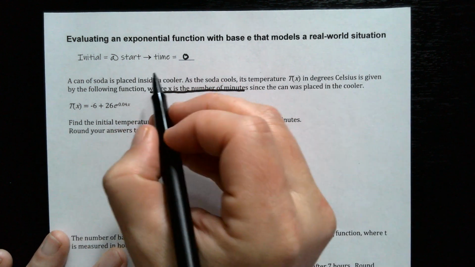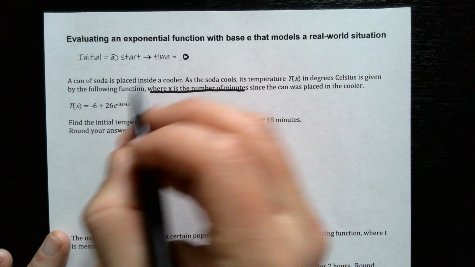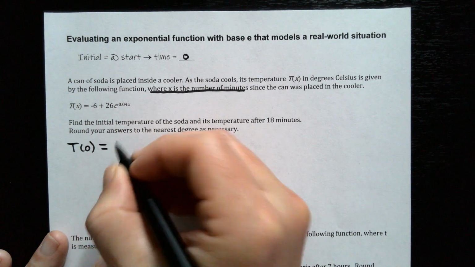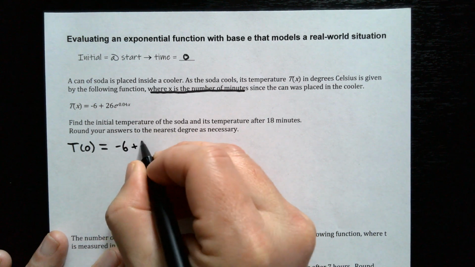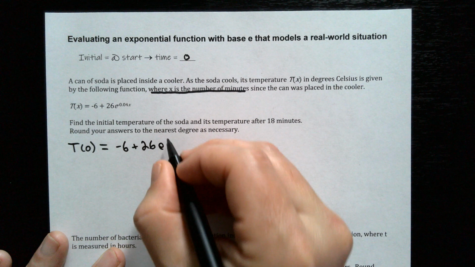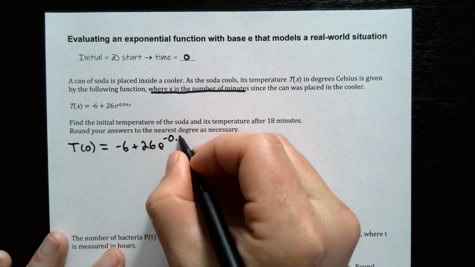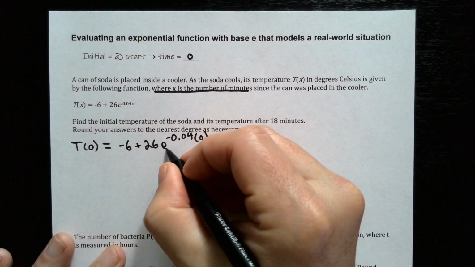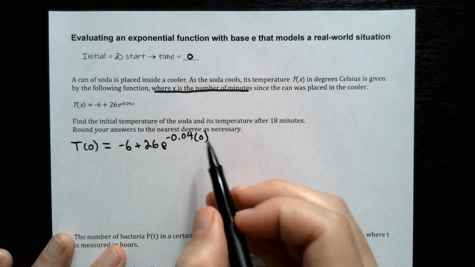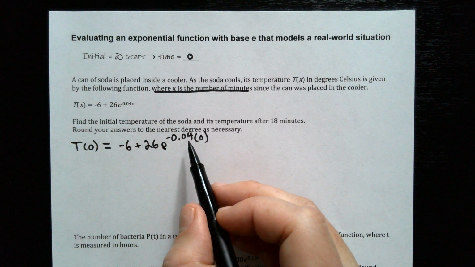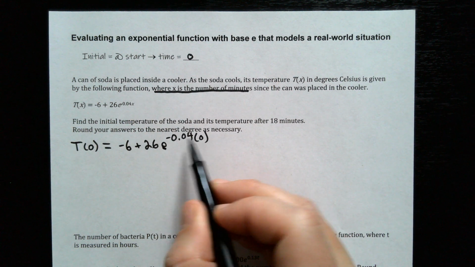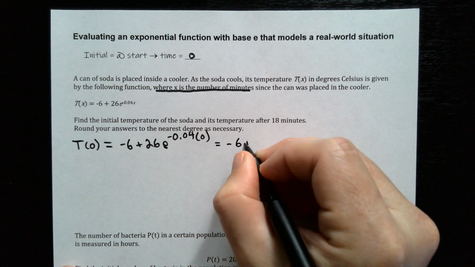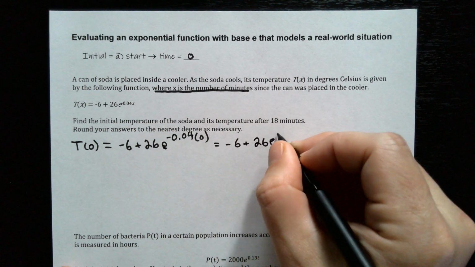Okay, so as we said, the initial is t equals 0. So for the first one, I'll plug in a 0 there. So it'll be -6 plus 26e to the -0.04 times 0. Okay, so we could do this in the calculator. However, we know that 0 times this is 0, right? So that would turn into -6 plus 26e to the 0.